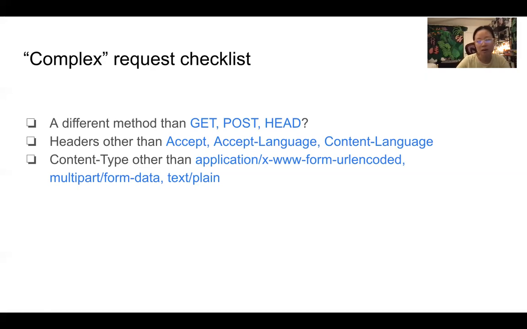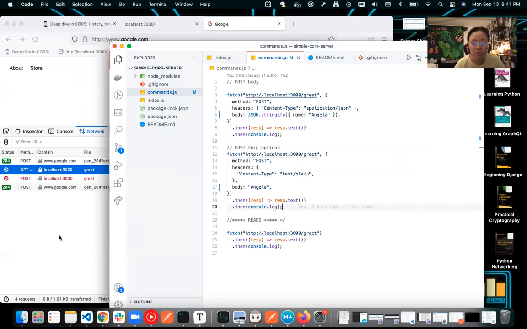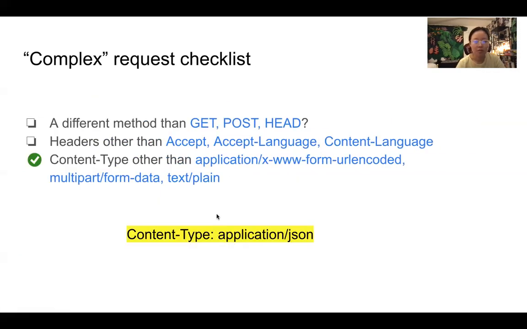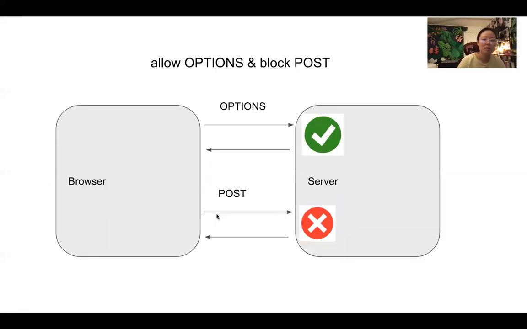Second, are the headers other than accept language, or content language? And finally, is the content type other than these really basic ones? And for us, although we're using posts, we are using application JSON as content type. So this is what makes it complex.